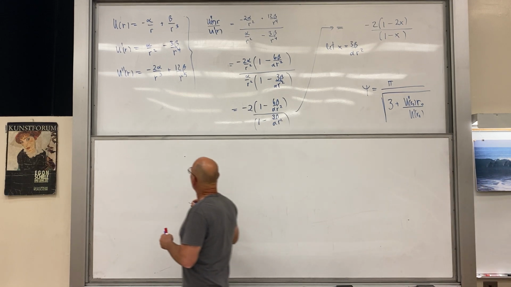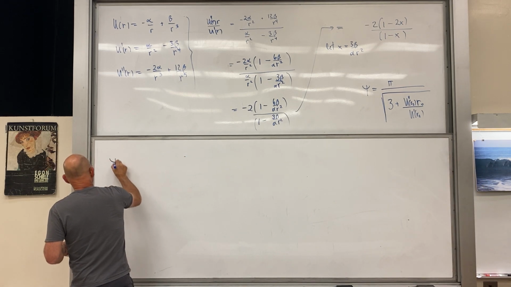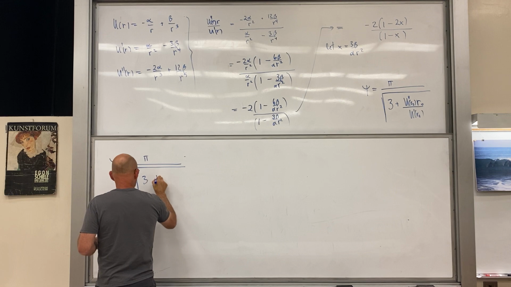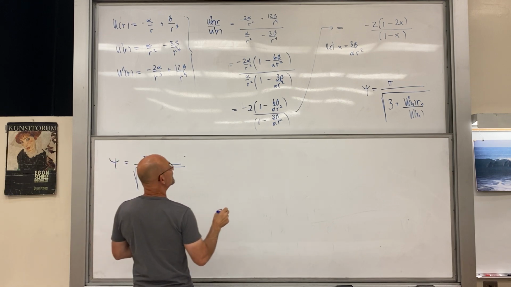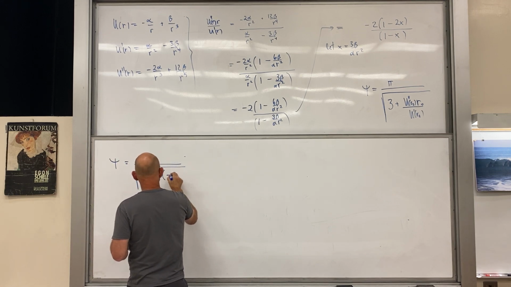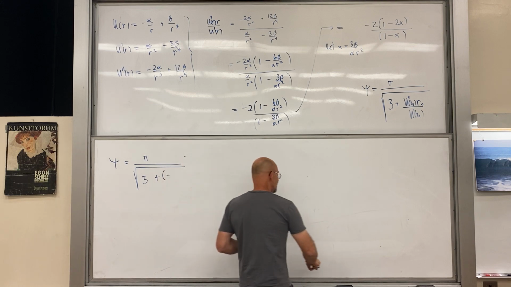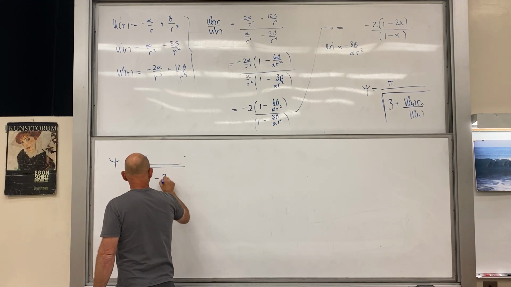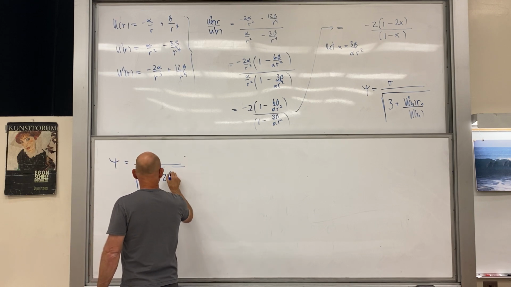So what do we have? We now have our absolute angle is pi divided by the square root of 3 plus this, minus 2 times 1 minus 2x divided by 1 minus x.